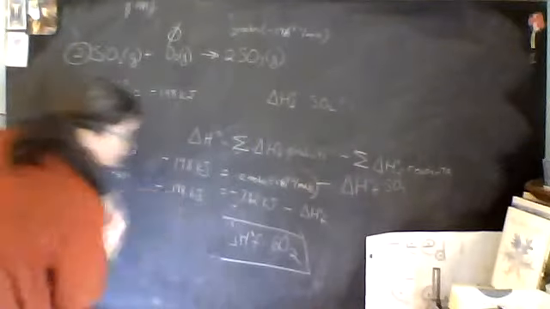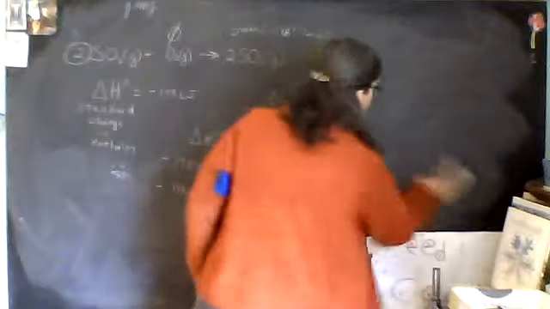I'm going to erase all of number 3 here. What was the answer that we got in number 2? Negative 6,278 kilojoules.